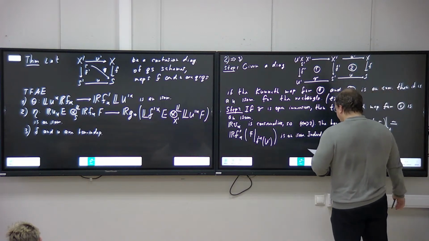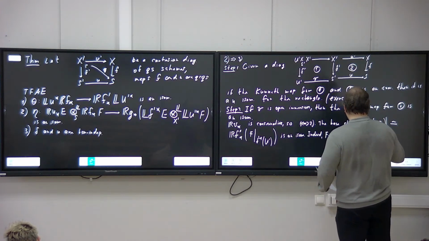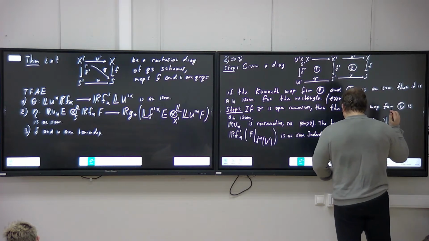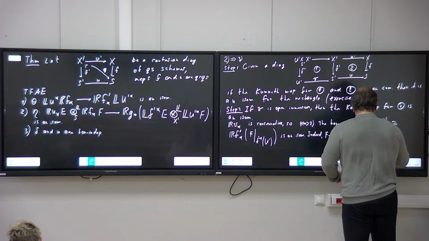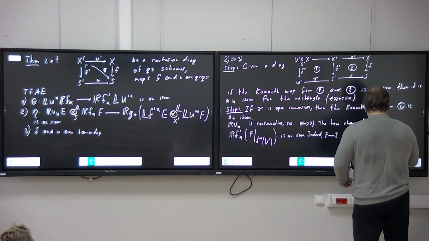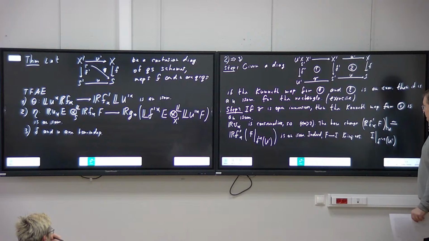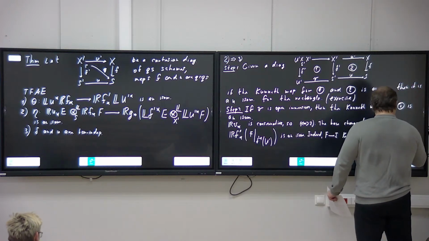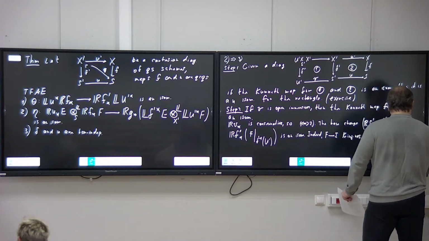And then, again, you can verify as a very simple exercise that whenever you take a k-injective object and restrict it, in this case to f prime inverse of the u prime, it stays k-injective. The general statement would be: you take a k-injective object, you restrict it to an open subset, this is still k-injective.